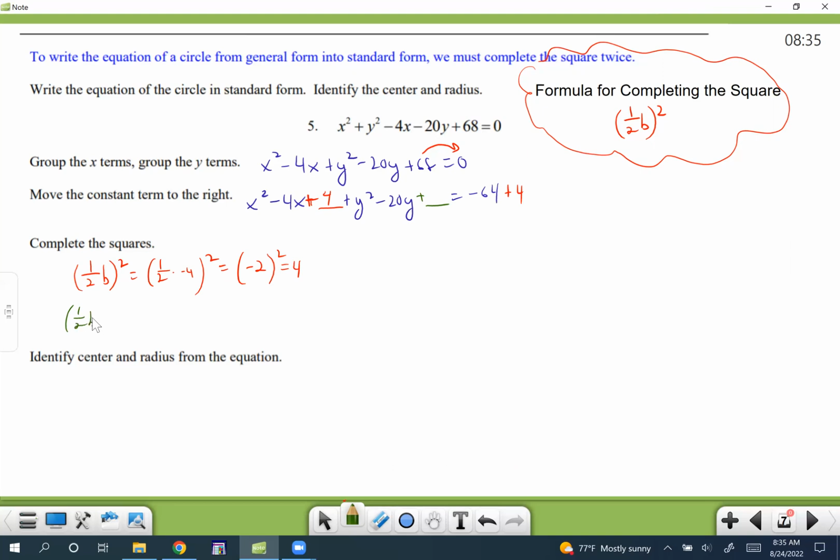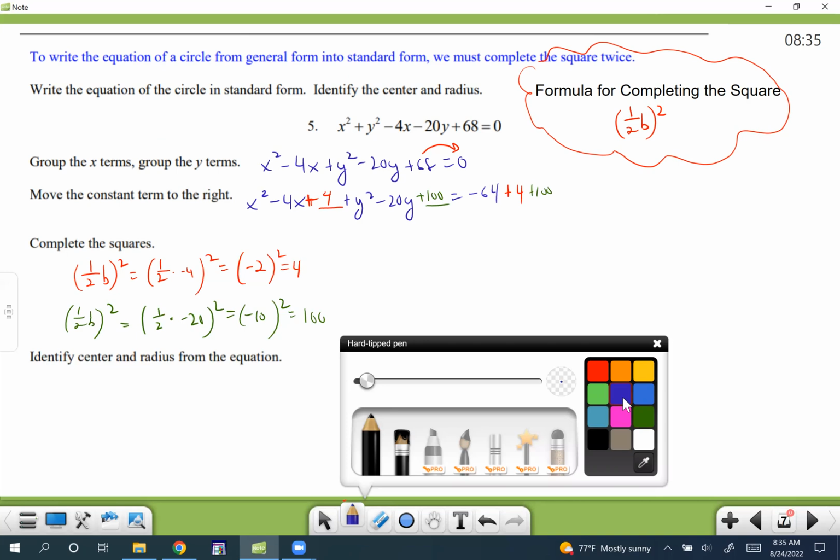All right, we have to do it again, but this time to the b -20. So 1 for the x and 1 for the y. Well, 1/2 of -20 is -10. -10 squared, that's 100. So we're going to add 100 there, and we're going to add 100 there.